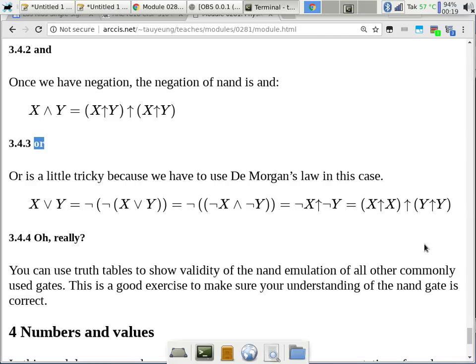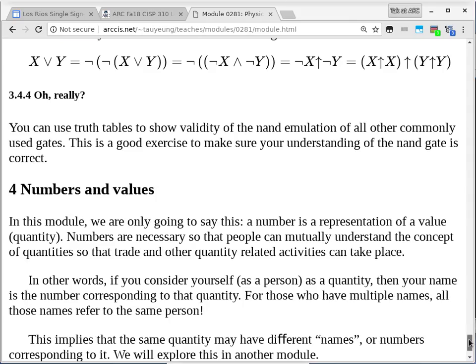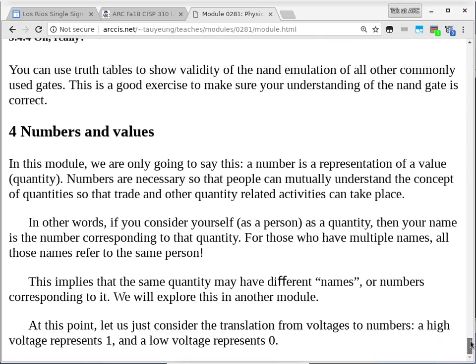So what we'll do today is to continue to talk about representation of things, but this time we'll talk about numbers and values. So this part gives you a little introduction to what is the difference between a number as opposed to a value. So if I ask you how many fingers I've held up here, that's a quantity. It is a value.